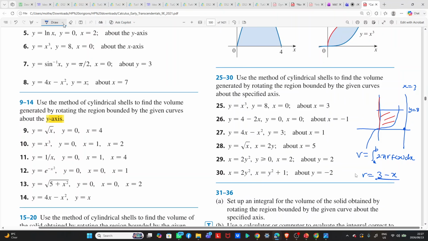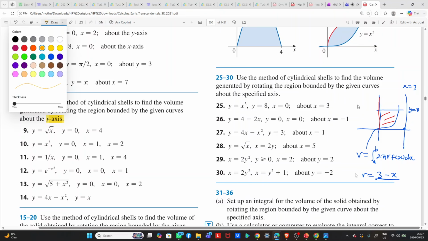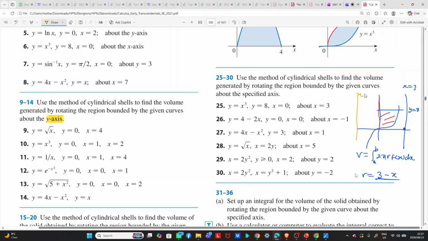If we were on this side, say about the line x equals minus 4, then our radius would be x minus minus 4. So in particular, it would be x plus 4. So this idea, you can apply it here on question 26.